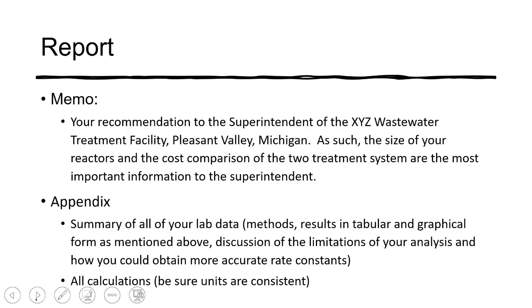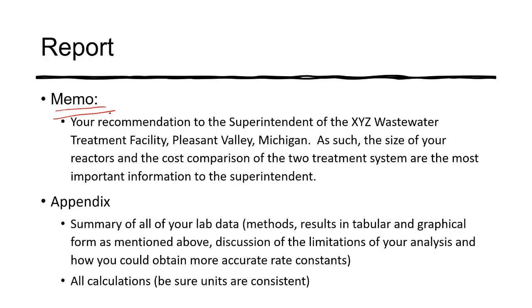What you're actually producing is this memo. Your report should be no more than 2 pages. There's going to be a lot of appendix, but the actual memo portion of the report is roughly 2 pages. What you will provide to the superintendent of this treatment plant is the size of the reactors and a cost comparison of the 2 treatment systems.